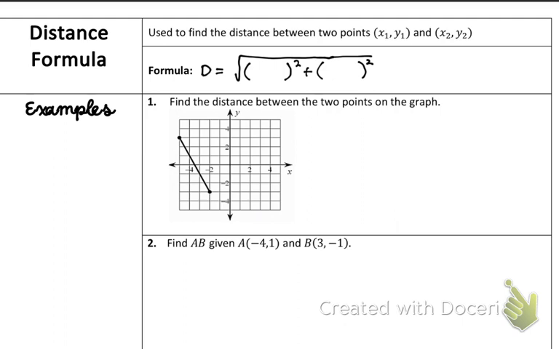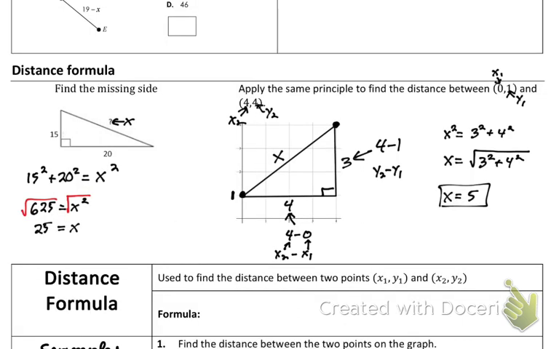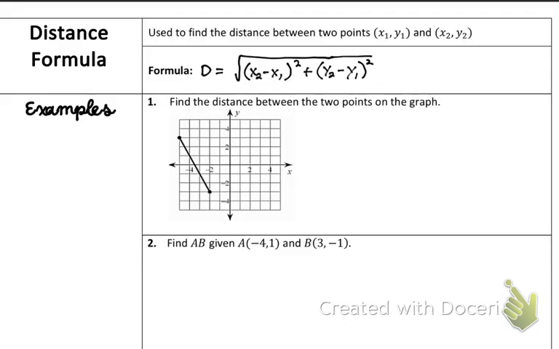To get those, we just need to subtract our x values and our y values. That would be our a value and our b value. So we get our distance formula here. Our distance formula is the square root of x sub 2 minus x sub 1 squared plus y sub 2 minus y sub 1 squared.